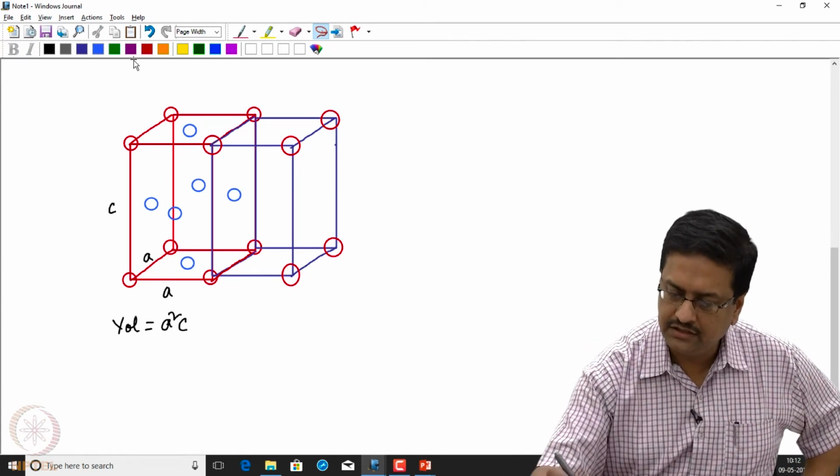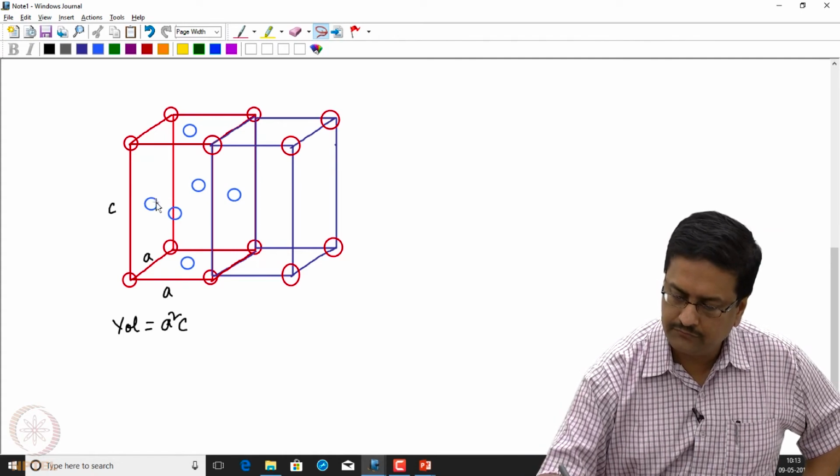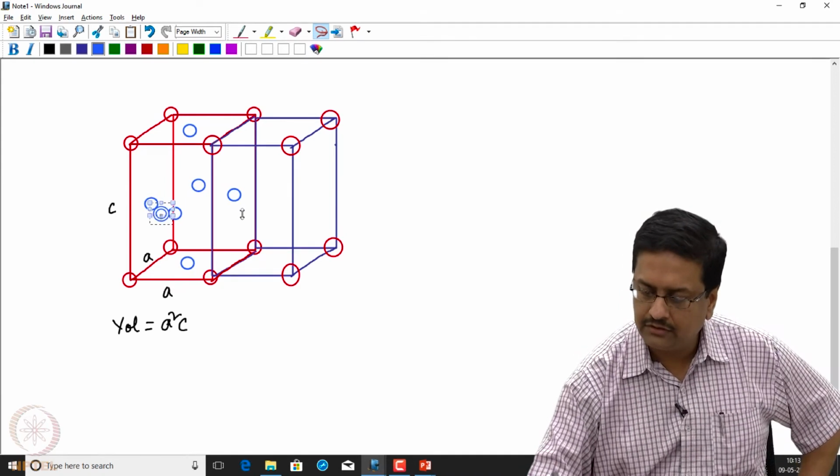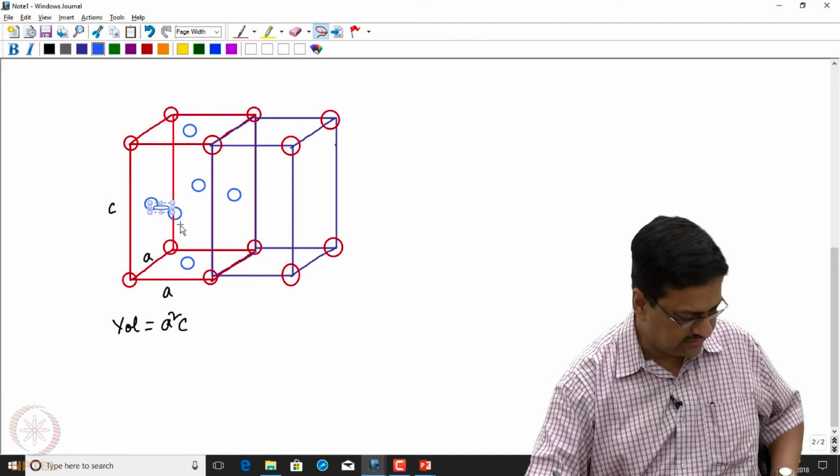And the face atoms, as it was blue, we will add those face atoms here as well.